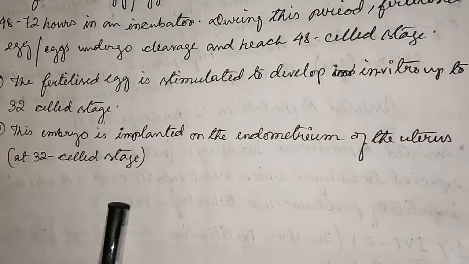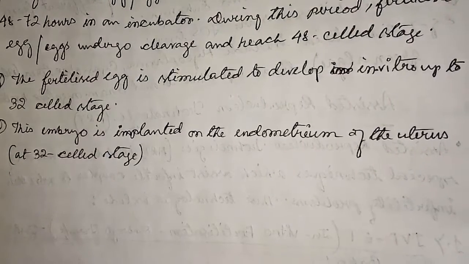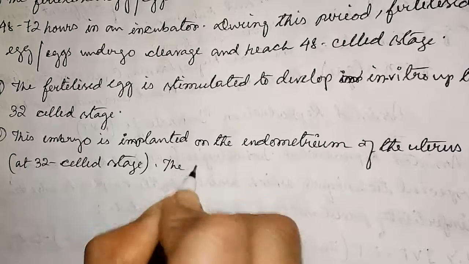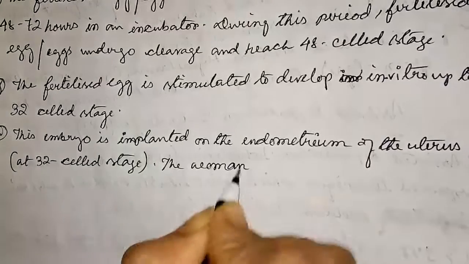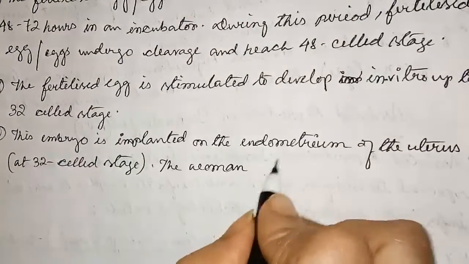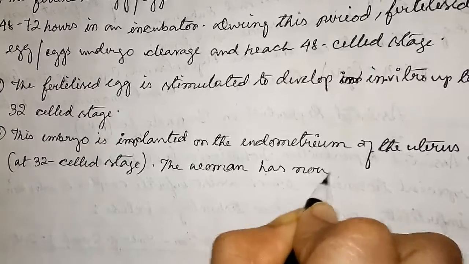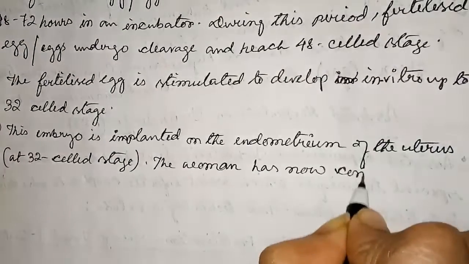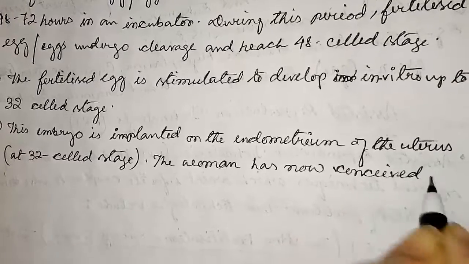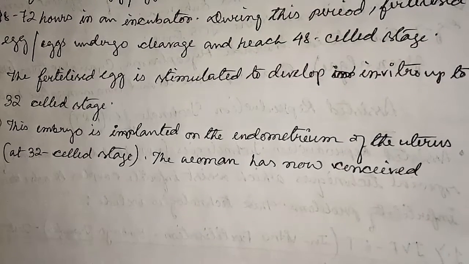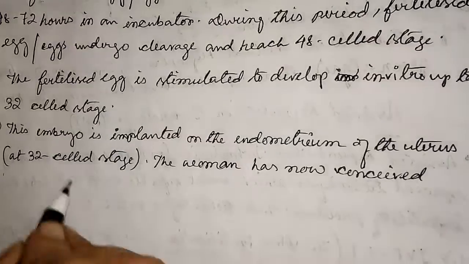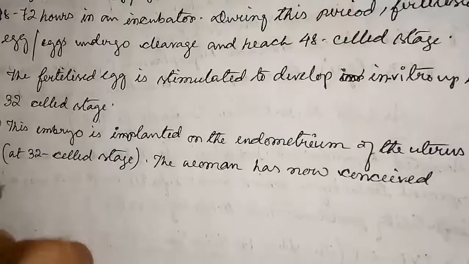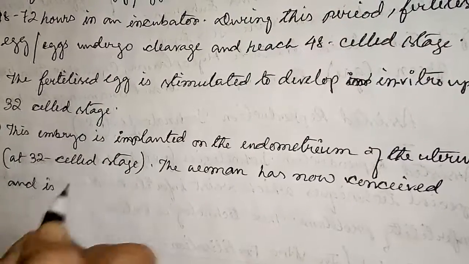At the 32 cell stage, the woman has now conceived and is pregnant.